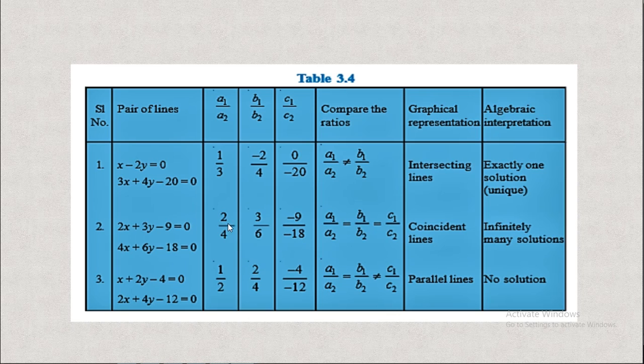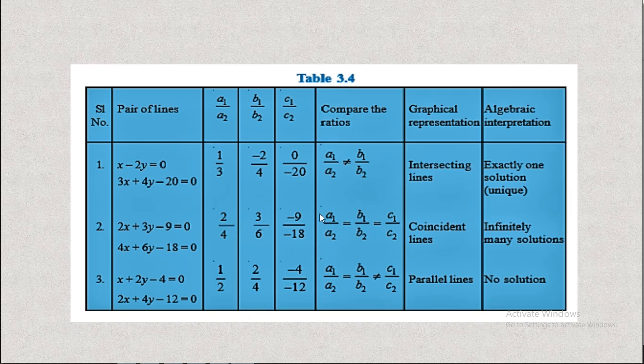Okay, let's see, when comparing, this 2 by 4, when cancelling, we get 1 by 2, isn't it? And this 3 by 6 also, when cancelling, we will get 1 by 2. And this -9 by -18 also we will get 1 by 2. Minus cancel, and 9 will go in 18 two times, so we will get 1 by 2.